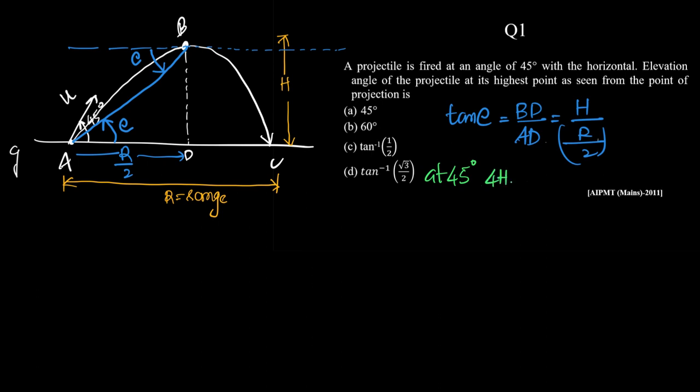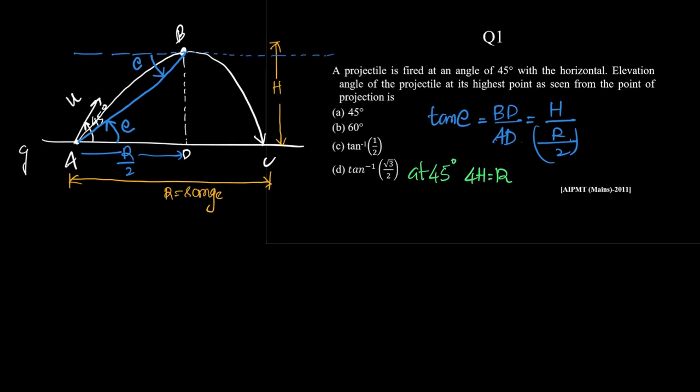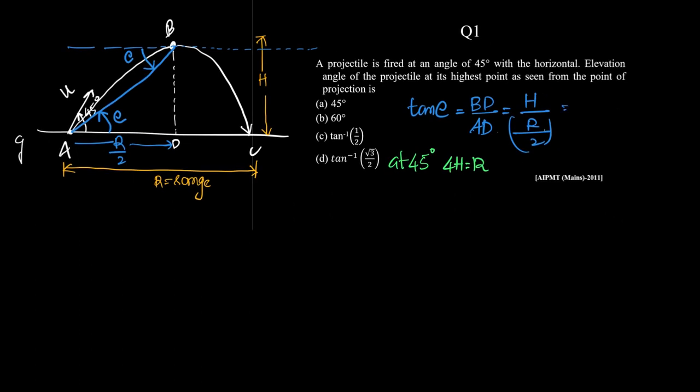At 45 degrees, 4H is equal to R. So this will be equal to H by, instead of R, I can write 4H by 2. So this will further be equal to H by 2H. So H and H will cancel, we get 1 by 2.